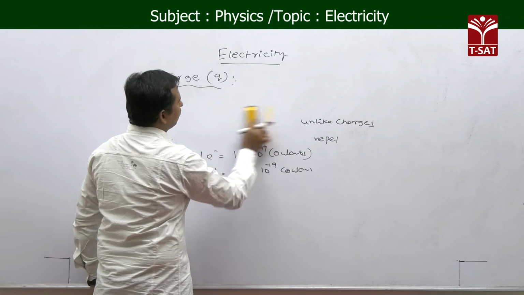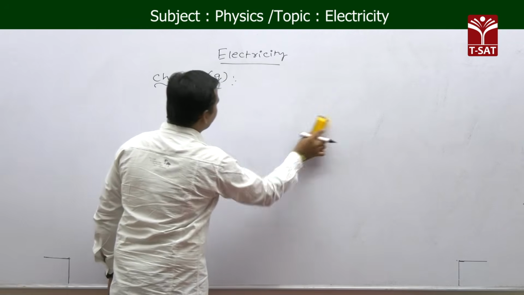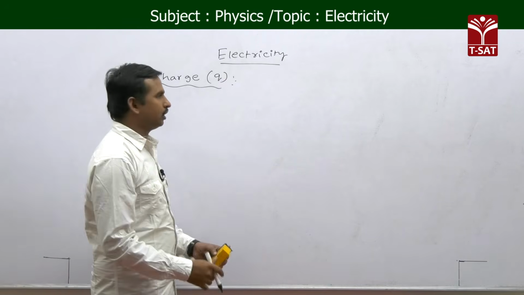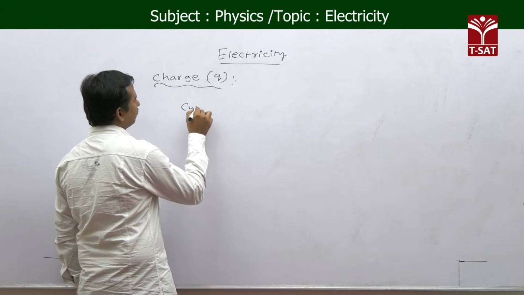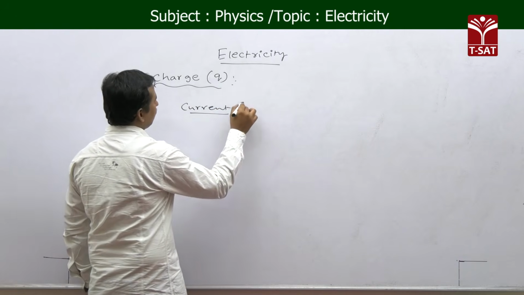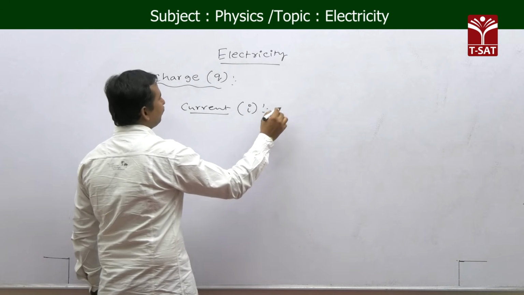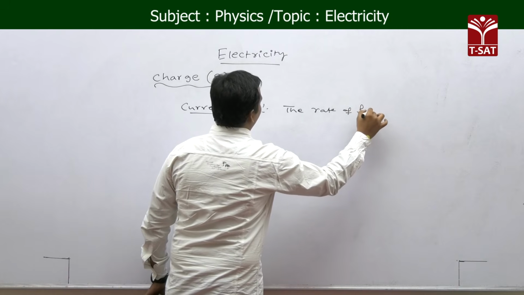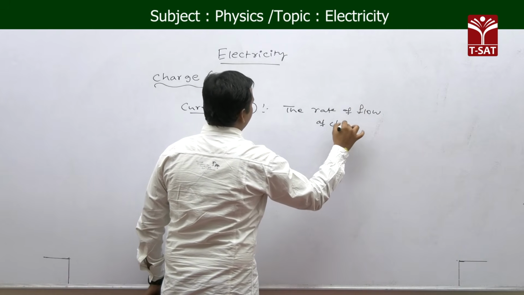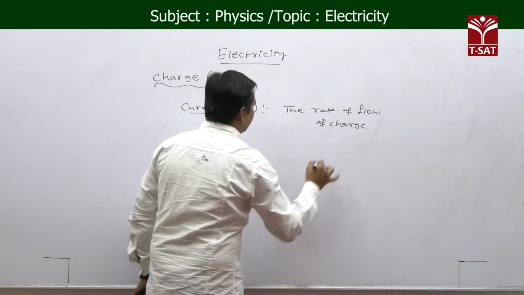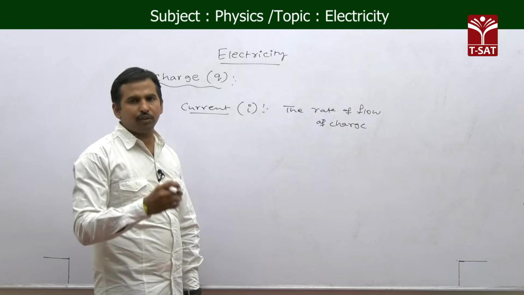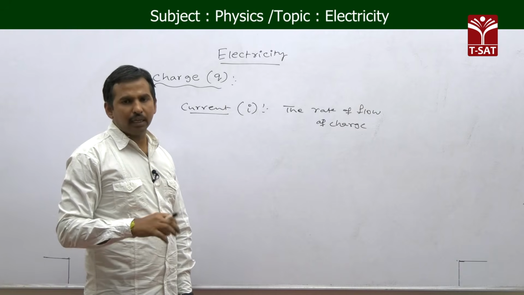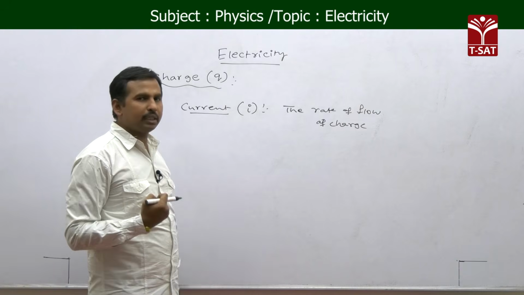As charge is present, if the charge is flowing through any conductor, the rate of flow of charge is what we call current, represented with I. Whenever charges flow through a conducting wire in a given time, that is called current.